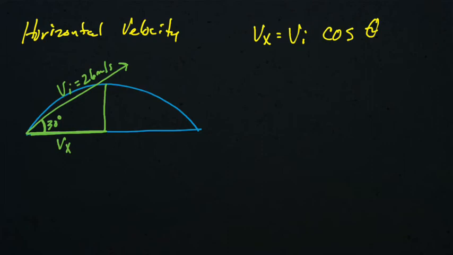So by simply taking the initial velocity times the cosine of 30, that gives me the horizontal velocity. What does your calculator have to be in order to calculate cosine? Degrees, right.